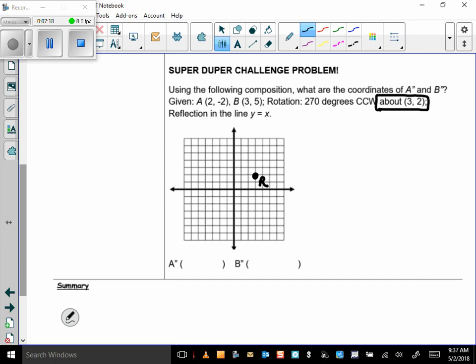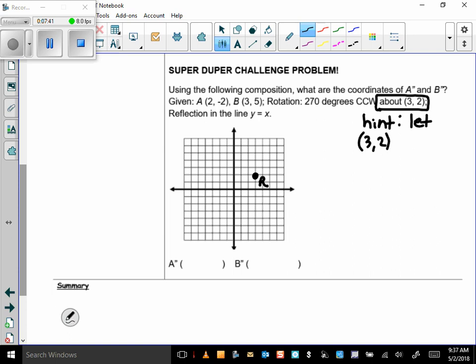I'm going to call that R. So what I would do, helpful hint, is I would let that be my new origin. Let that act as the origin. So it's going to stand in for your origin, and then you're just going to apply the rotation rule using that as your origin, and then you'll have to change the coordinates back.